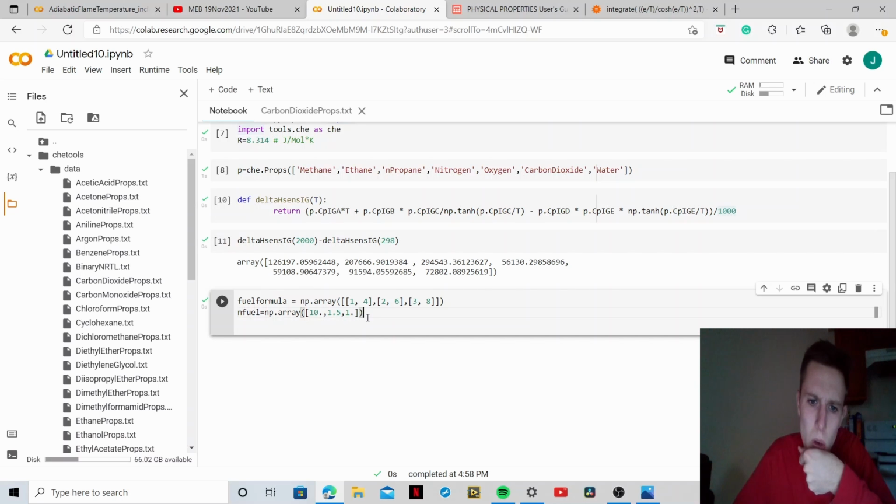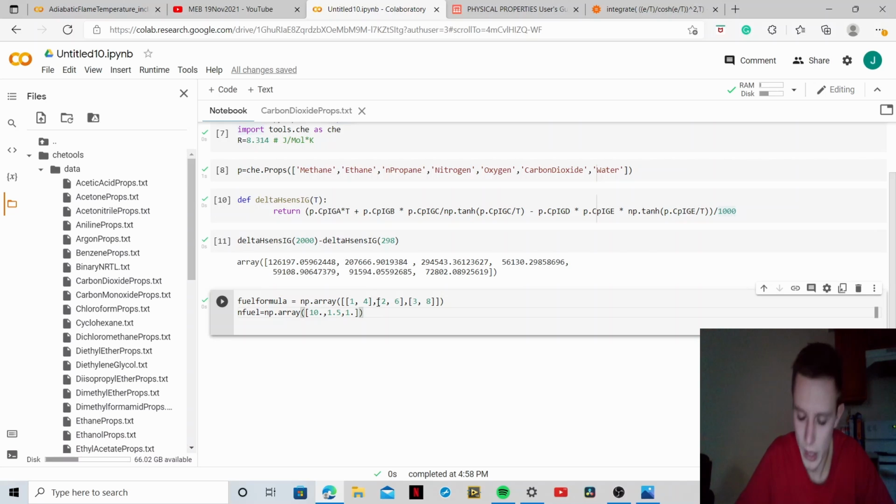So now let's say we want to find the total number of moles of carbon and hydrogen. All of our methane, ethane, and propane are comprised of just carbon and hydrogen, so we want to find the total of those.